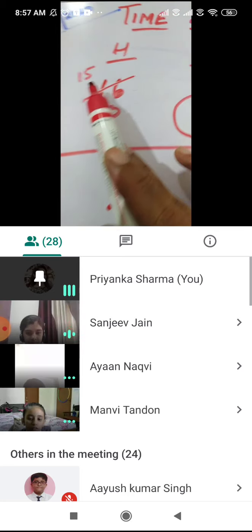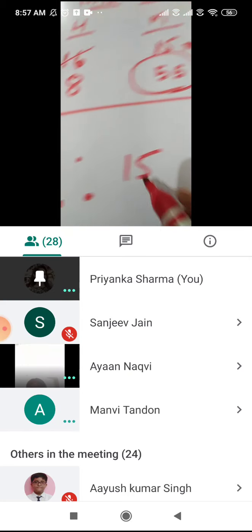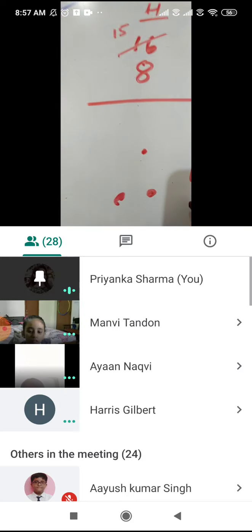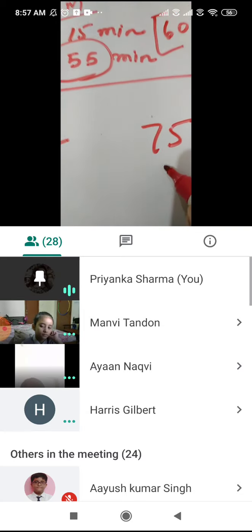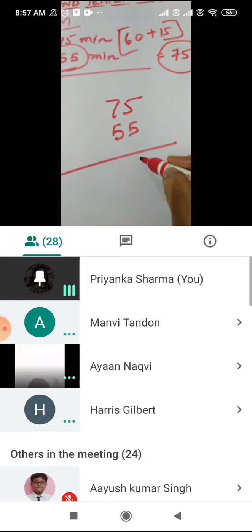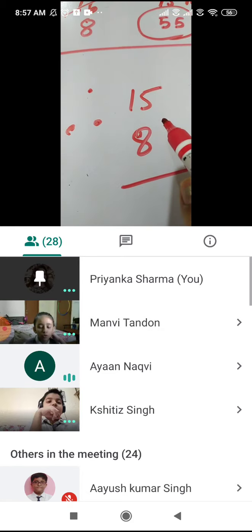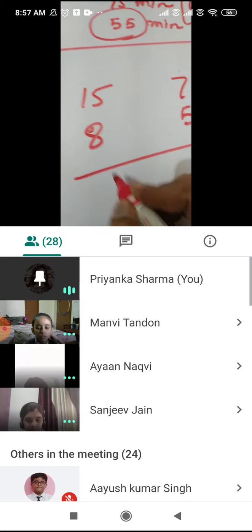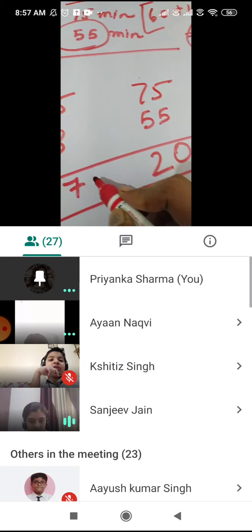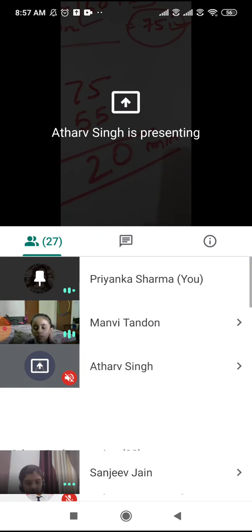This has become 15, so we will write 15 here. And here we will write 75. Here we will write 8 as it is and 55. Now we can subtract it easily. So 5 minus 5, 0. 7 minus 5, 2. And 15 minus 8 is 7. 7 hours, 20 minutes.